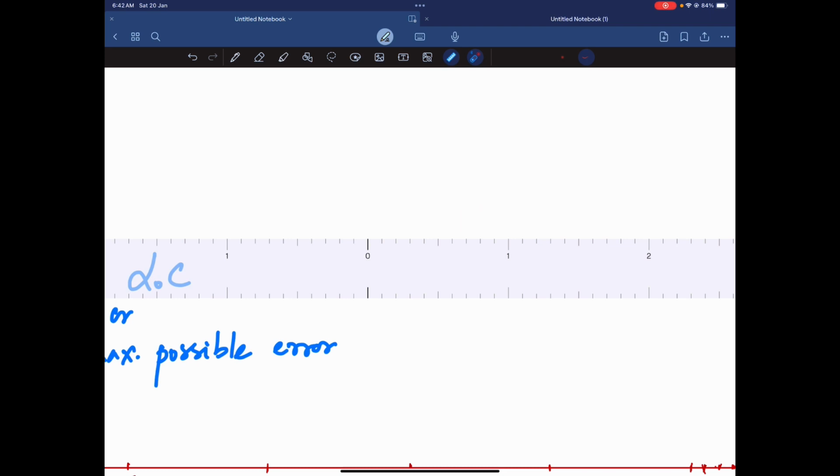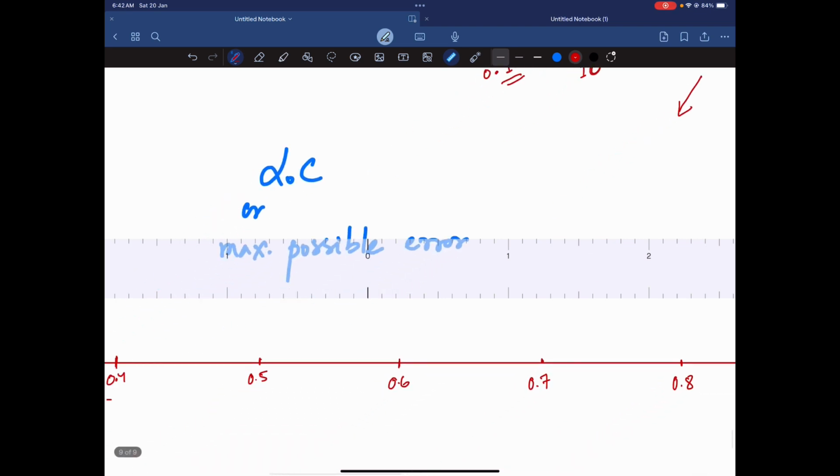The ruler's 1 centimeter is divided into how many divisions? 10 equal divisions here. So just like before, the least count will be 1 centimeter divided into 10 divisions. So each division, the smallest division here, is 0.1 centimeter. So the least count of this ruler is 0.1 centimeter. Let me write it here. Fine.